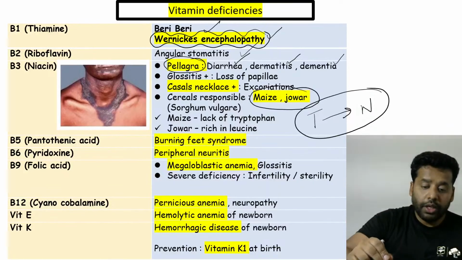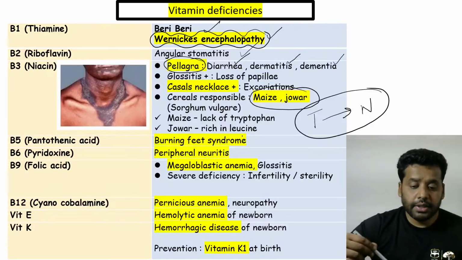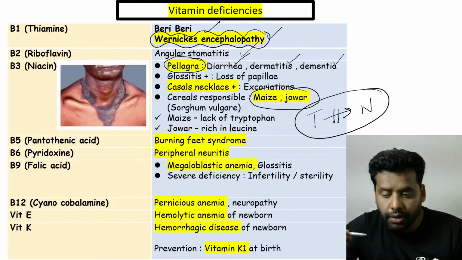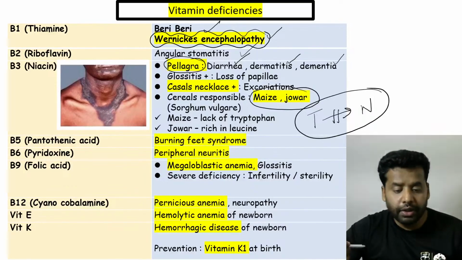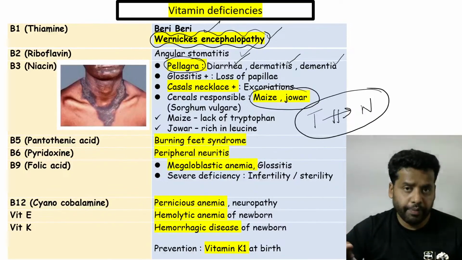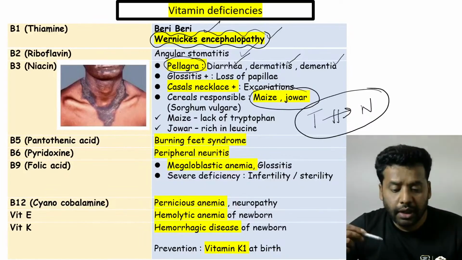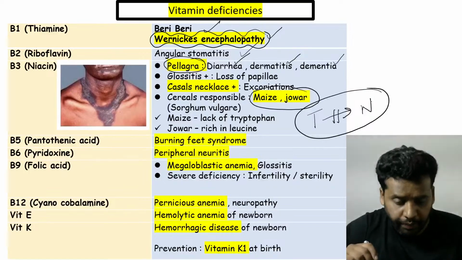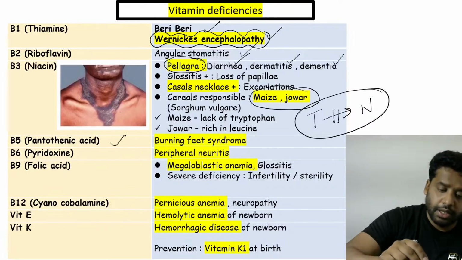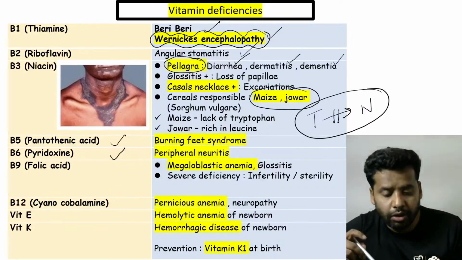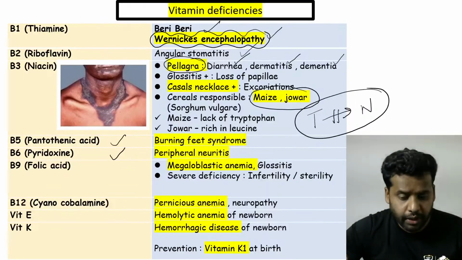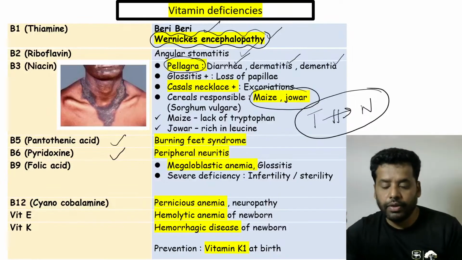And jowar is rich in leucine. Excess of leucine will block the conversion from tryptophan to niacin. Pantothenic acid and pyridoxine have almost similar symptoms. B5 deficiency will cause burning feet syndrome and B6 will also cause peripheral neuropathy.